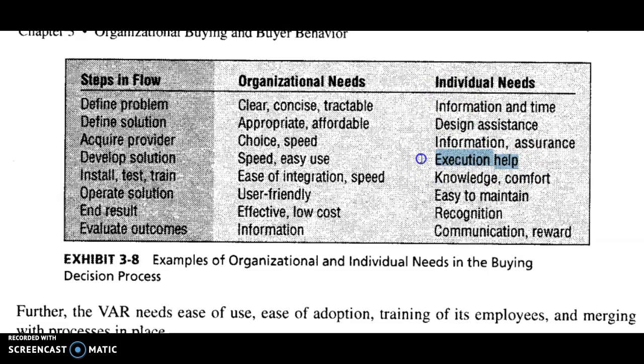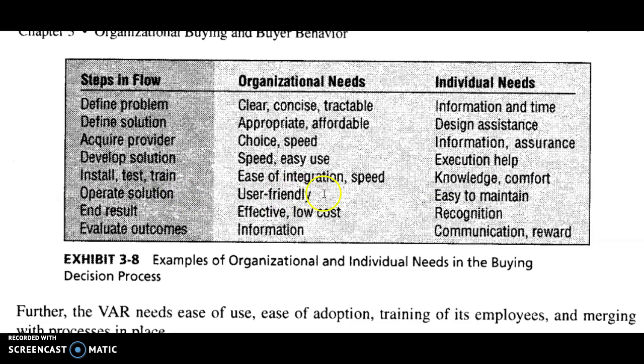Install, test, train, ease of integration and speed. These are the organizational needs because this is global. This is the overarching need. And at the individual level, we need knowledge and comfort.